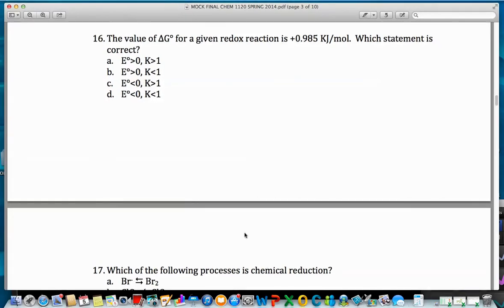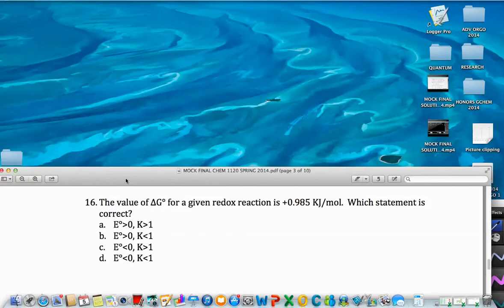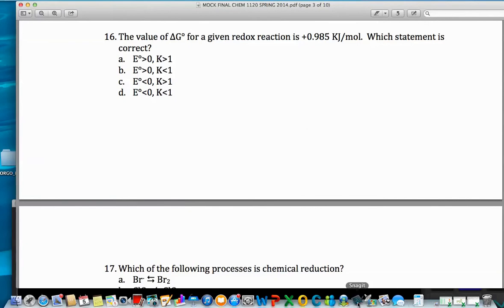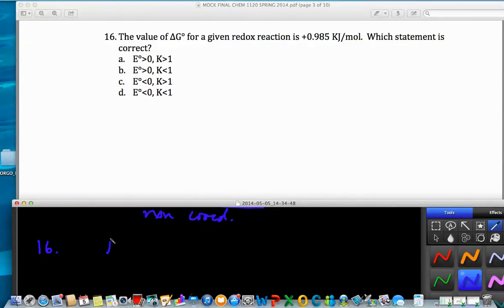We can look at our equations for just a moment to illustrate this. We know that delta G is equal to minus NFE. So when this is positive and I divide a positive by a negative, I get a negative. So E is negative.